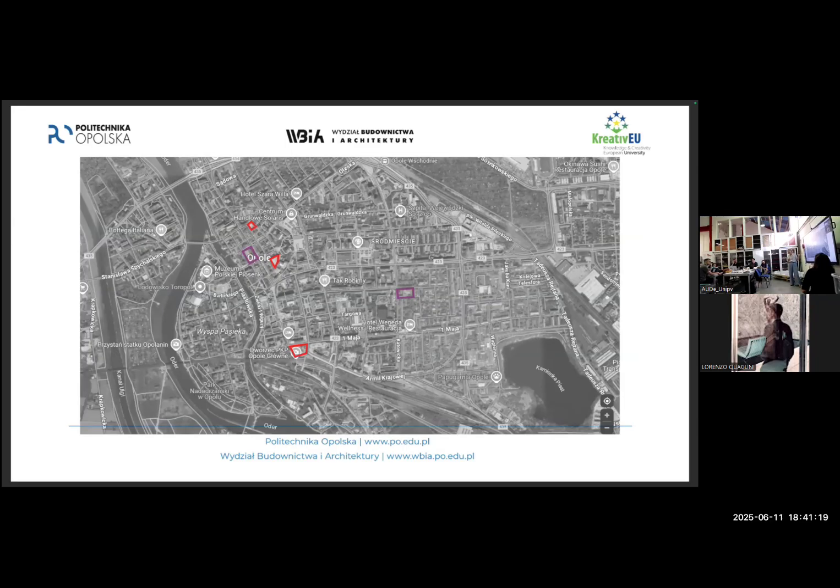And also, as you can see in this slide, Opole is a city by the river. We have a river, Odra, and some canals, smaller flowing water. Also, Opole has a long tradition of cement factories. There were 9 cement factories at the end of the 19th century in Opole.